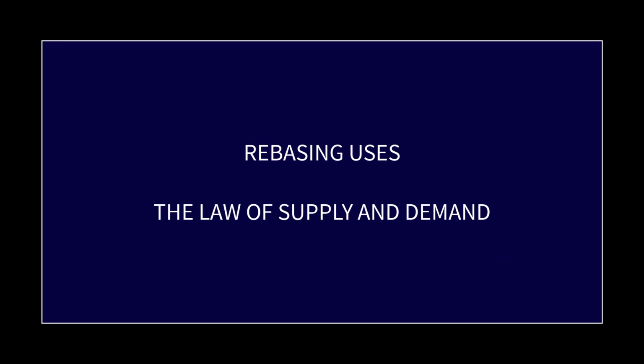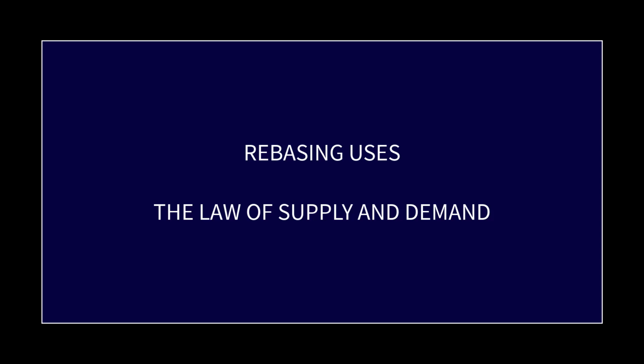The concept behind rebasing is the basic law of supply and demand. If the demand remains the same and you expand the supply, then the price of that commodity will typically come down. By the same token, if you reduce the supply and the demand stays the same, the price of the commodity will increase because of the reduced supply and the static demand.